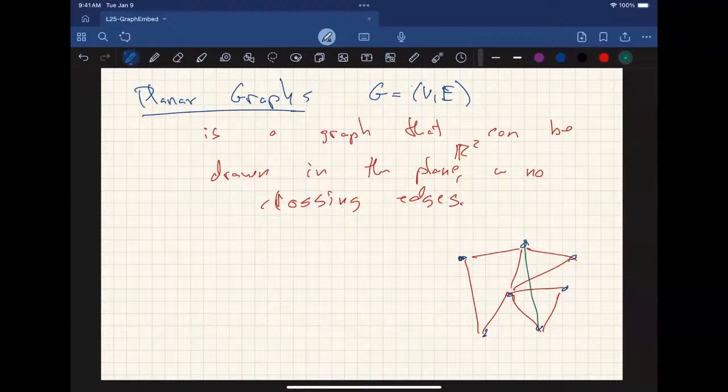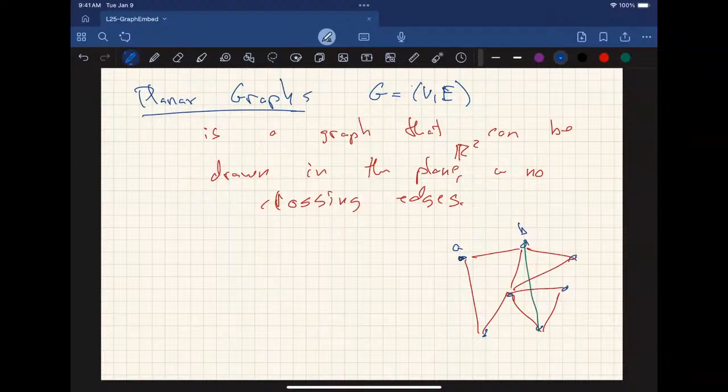This is actually still a planar graph. It's just not a planar drawing. What can I do? I can flip this one around, so this side is on top, and I can flip this vertex inside of here.